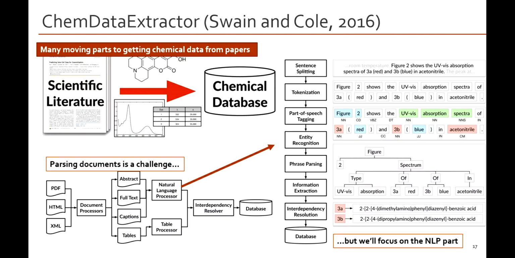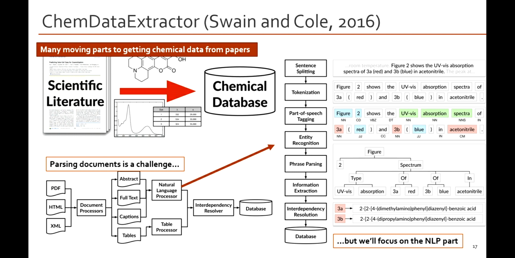The first I'll talk about is a paper from 2016 by Swain and Cole out of Cambridge that showed how they could train a large engine of different types of computing to take papers and extract scientific data from them, like the melting temperature of compounds or the UV-vis absorption spectra.